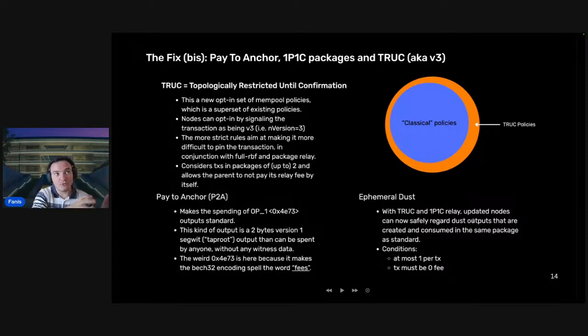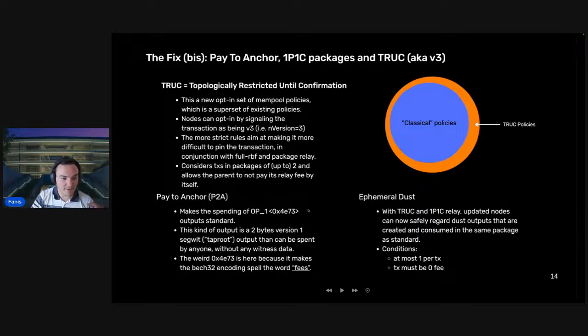And so we can relax the dust limit for this specific case, in which the parent transaction pays 0 fee and has one child that consumes this dust UTXO and pays the fees for the whole package. So that is ephemeral dust.